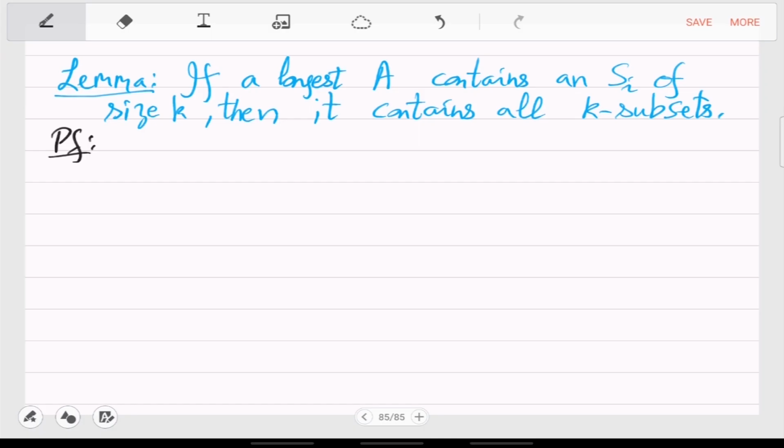Or it doesn't contain any subset of size k, in which case it is forced to contain all subsets of size k plus 1. Right? So there are only two possible anti-chains. Once we show this lemma, that is everything. So how do you show this?